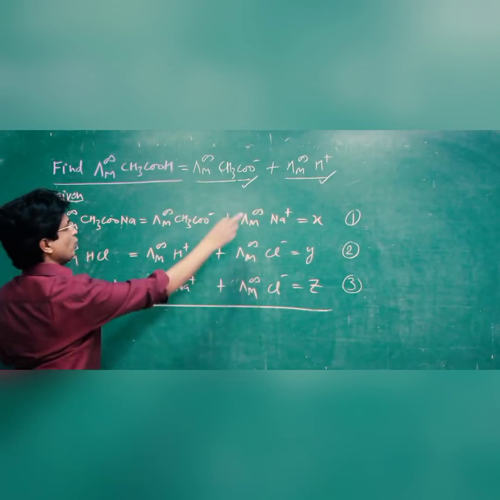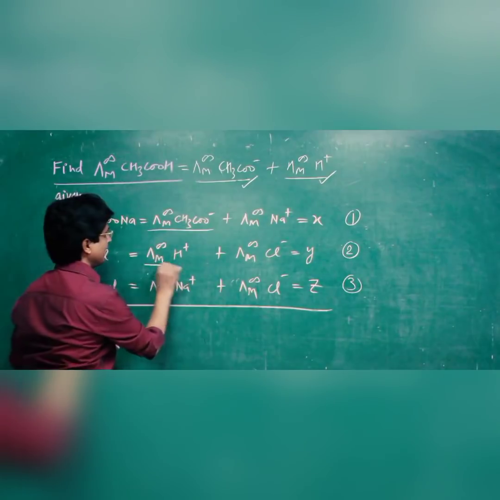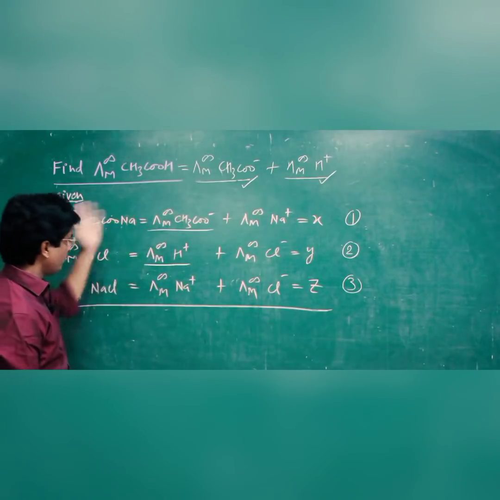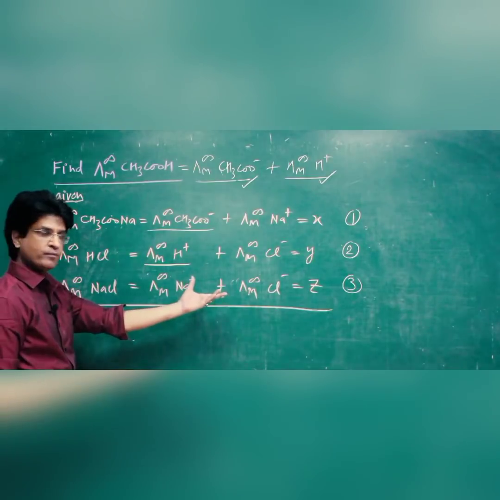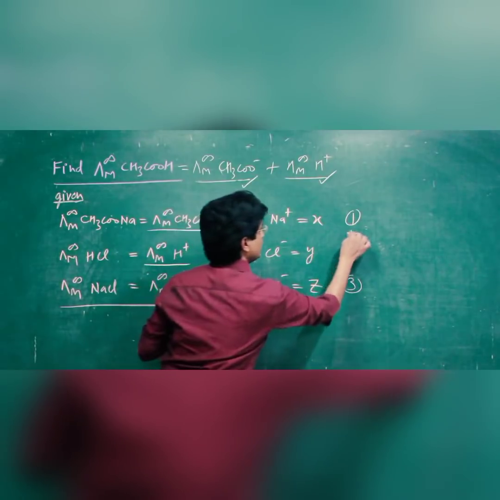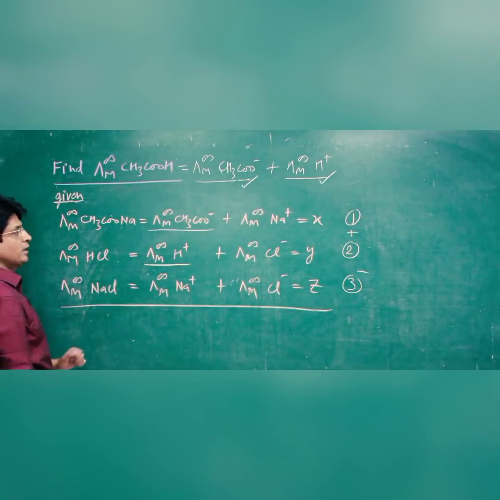Equation 1 contains the acetate ion, equation 2 contains the H+ ion. Add these two equations and subtract the equation which is not useful. So add 1 and 2 and then subtract 3 from that. When you subtract the third, what will happen?